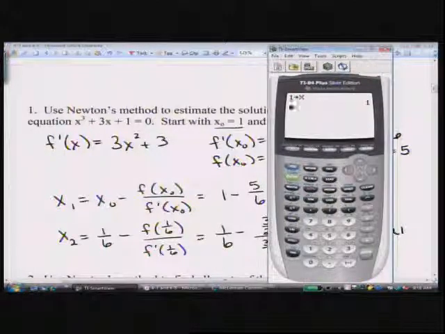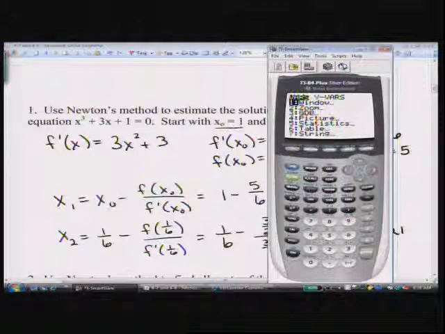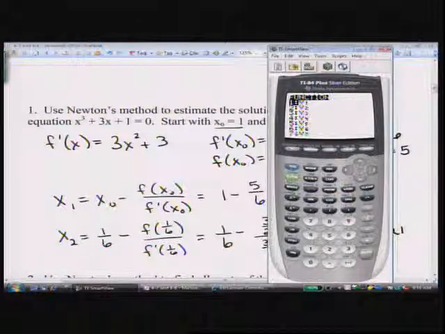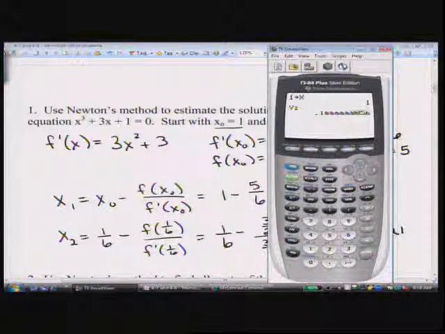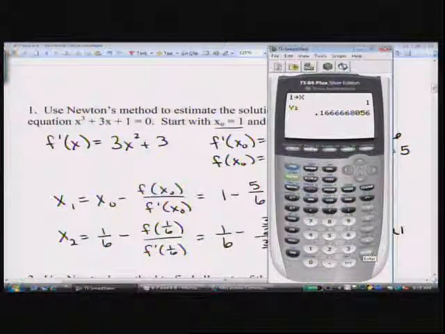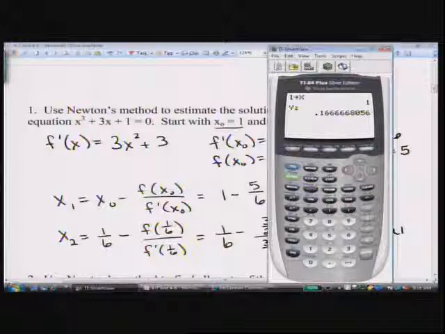So I'm going to grab that by going vars, y vars, function, and then I grab y2, and I hit enter, and what it's going to do is evaluate that equation, x naught minus f of x naught over f prime of x naught, at the point when x is 1.